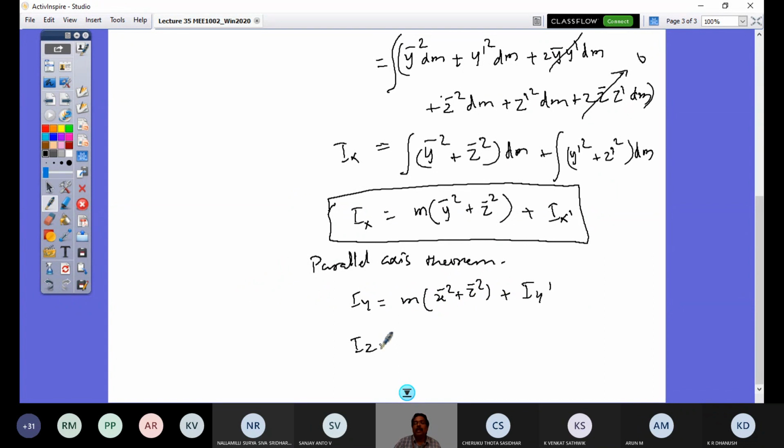And Iz would be mass into x bar square plus y bar square plus Iz dash. So this is the definition that one can understand. Now let us look at a simple case. Instead of a rigid body, I'm going to take a square plate.